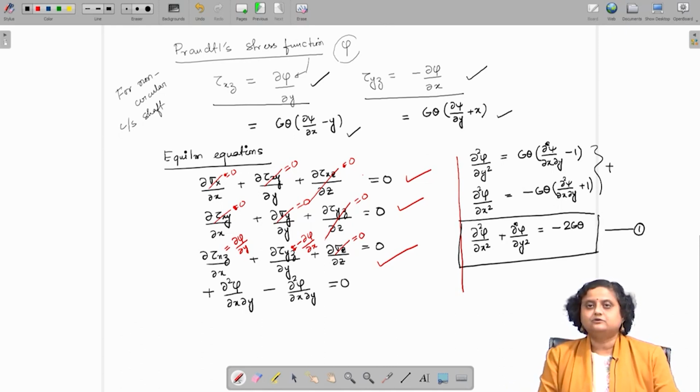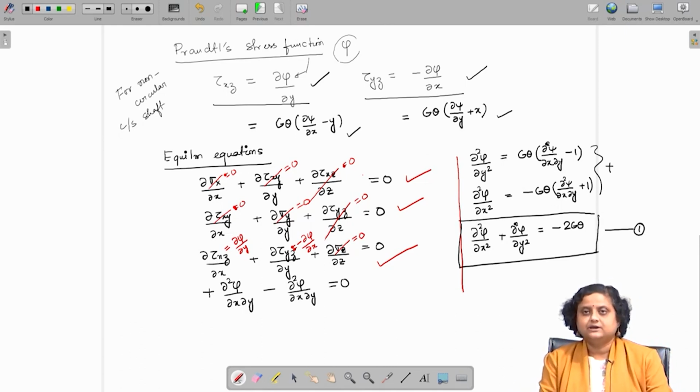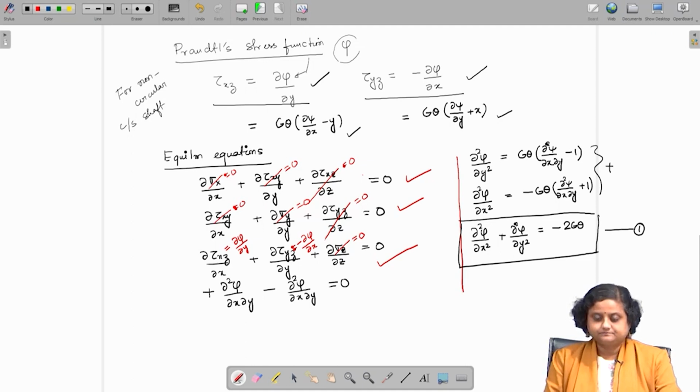The Prandtl stress function should be such that this equation is satisfied. So, the Prandtl stress function satisfies the equilibrium condition, and it needs to satisfy this constraint given by equation 1.